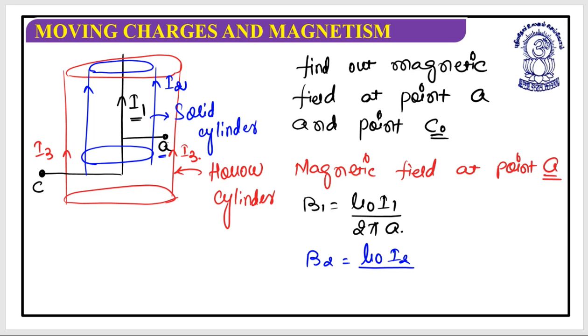Then r could be written as A. So it's mu naught I2 divided by 2 pi A.